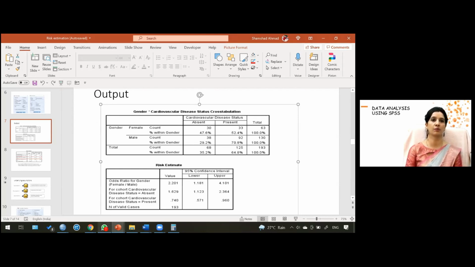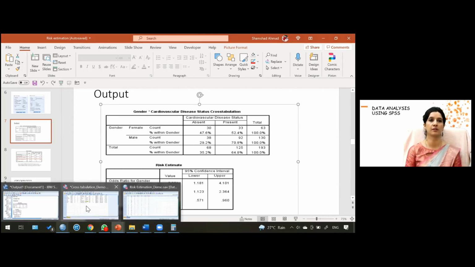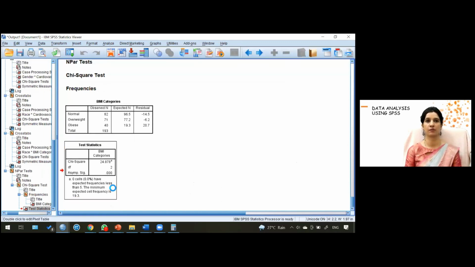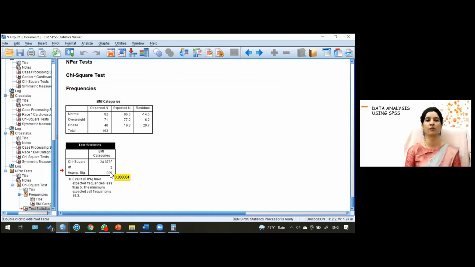Sorry, I'll go to the interpretation. Can you see here, the p-value is 0.000. So actually it is not 0.000. Can you see the actual p-value is 0.0000504.